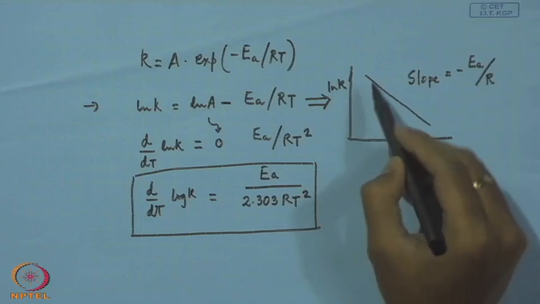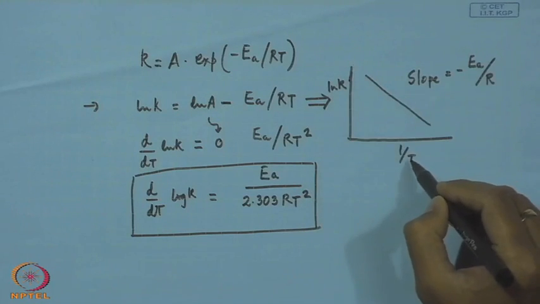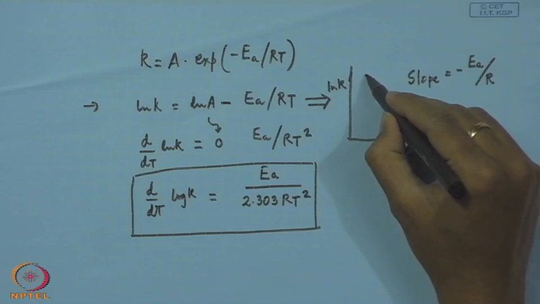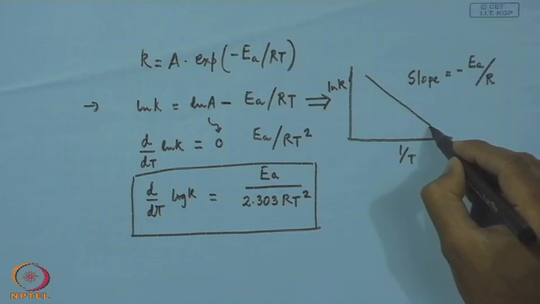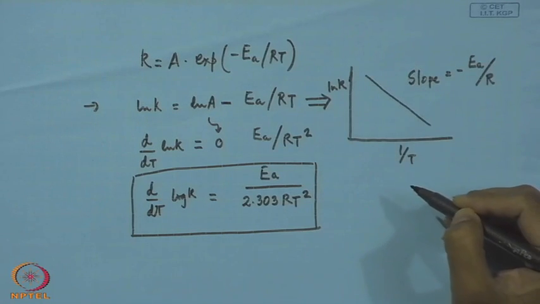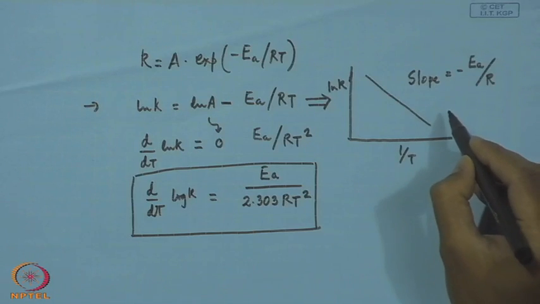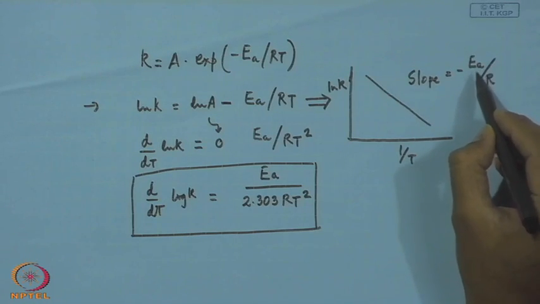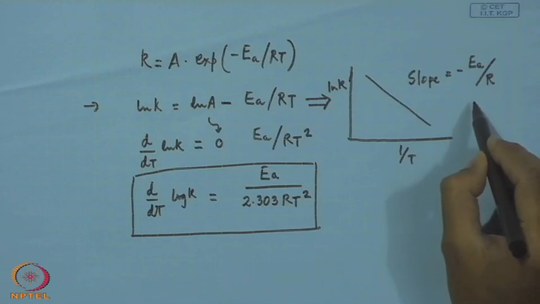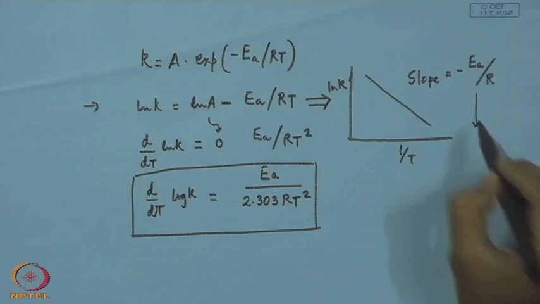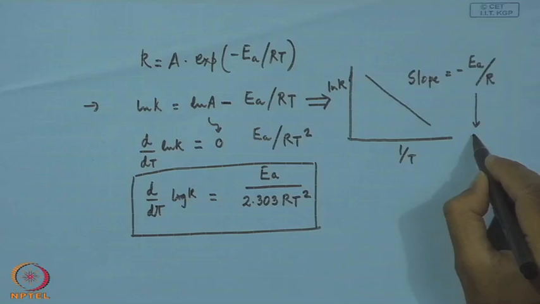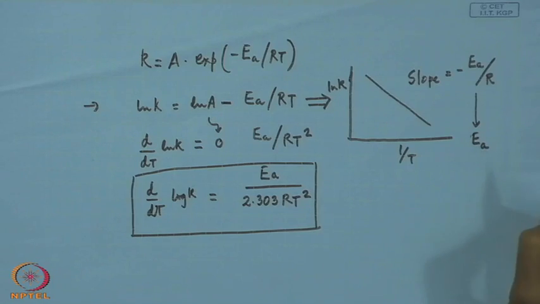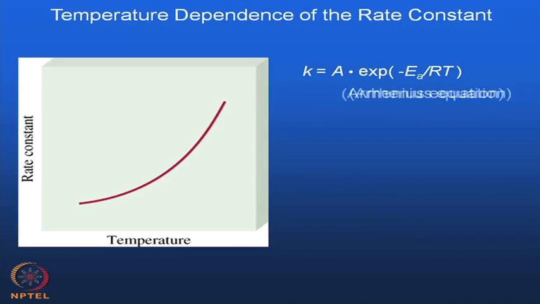So, if we plot ln k as a function of 1 upon T, we should get a plot like this, and from the plot we get a slope. So, the slope will give you E a by R. That means it is a way of finding out the term E a, the activation energy. Now, let us move on to the next slide.